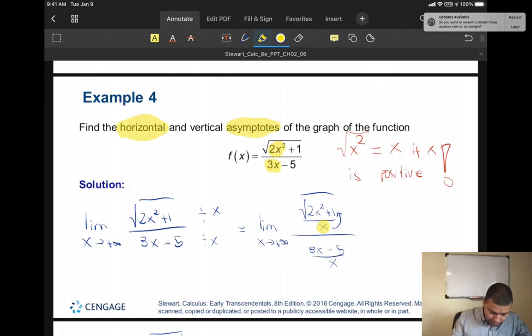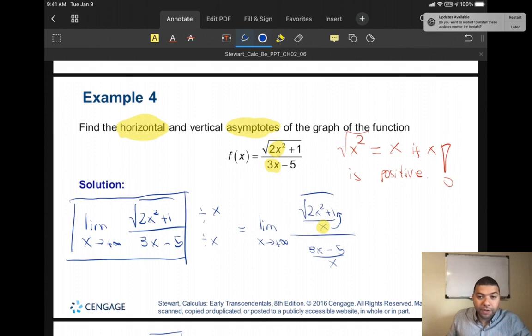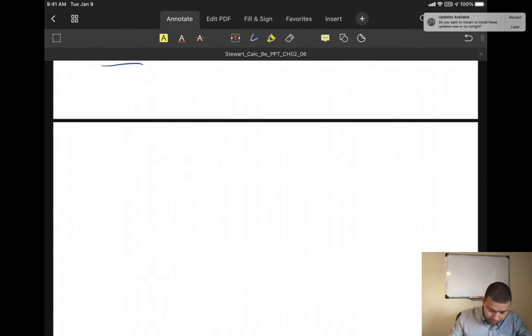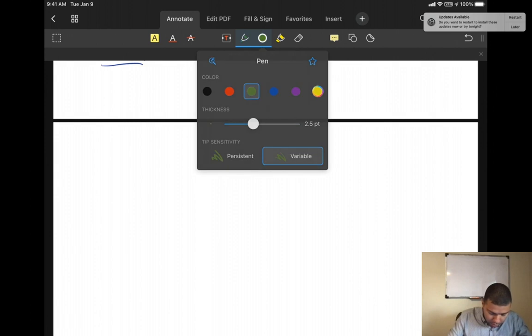So we started by looking at the limit of f of x when x goes to plus infinity. Now I have to look at the limit of f of x when x goes to minus infinity, because that's going to be an asymptote to the left. So let's go ahead and add another page so that we can work on this. And I'll use different colors so that you know.